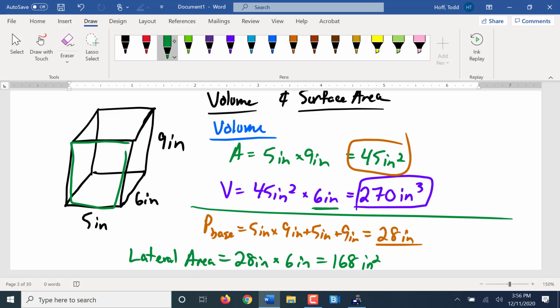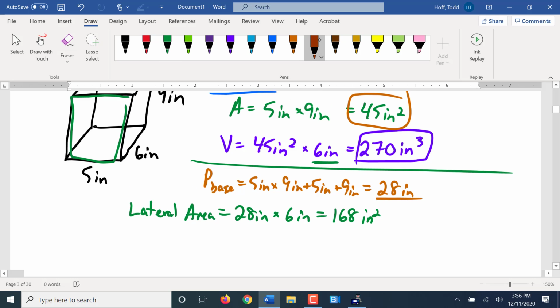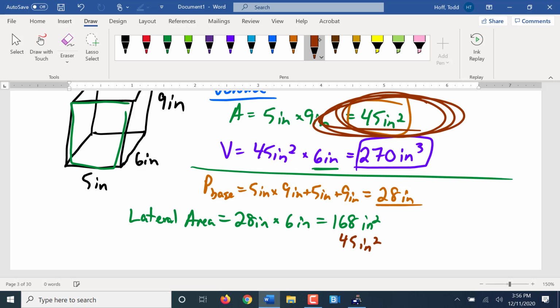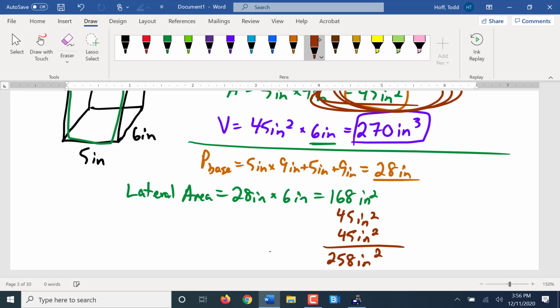And what do we have to add to that? The area of the base, the 45, I would have to add it twice, unless it comes to a peak, like a pyramid or a cone. So that is 258 square inches is the surface area.